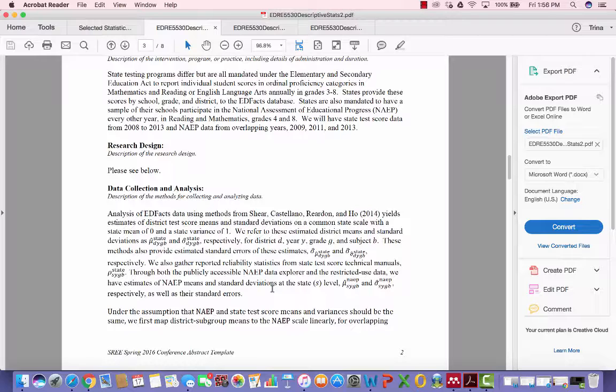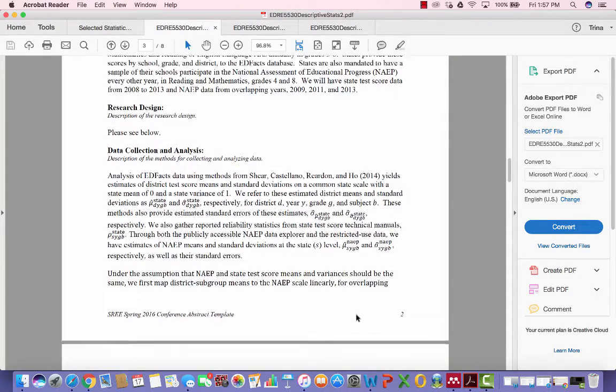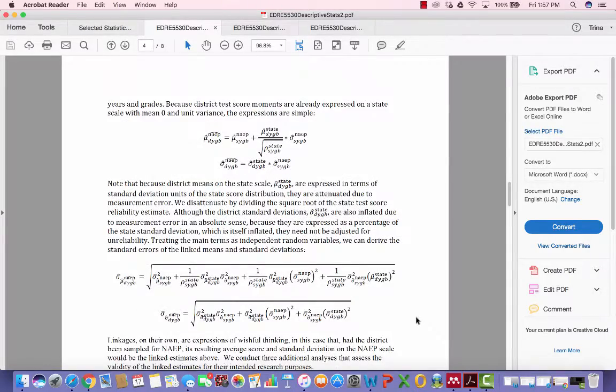Statistics from state test score manuals for means and standard deviations. That produced state means and standard errors. So they're sort of standardizing all of these test scores so that they are able to compare them against each other.